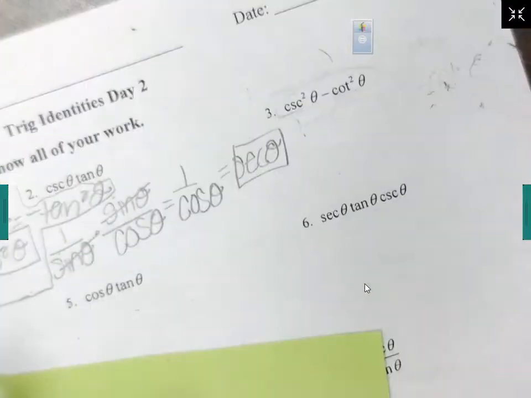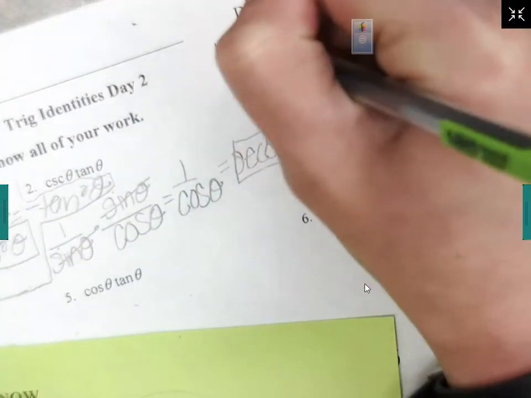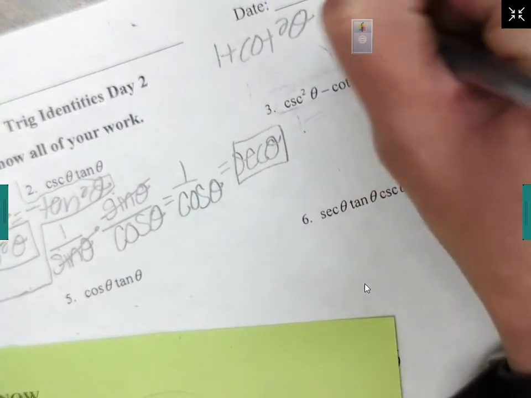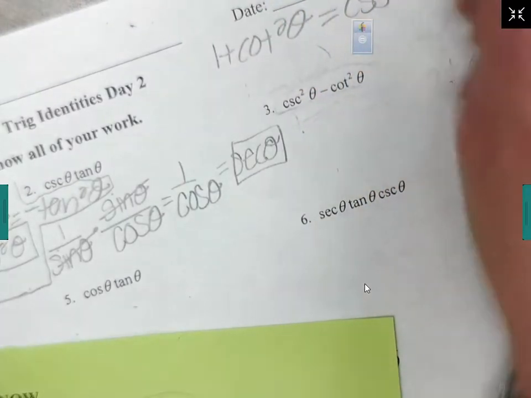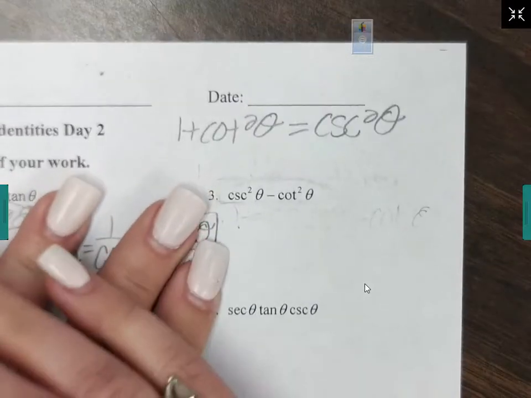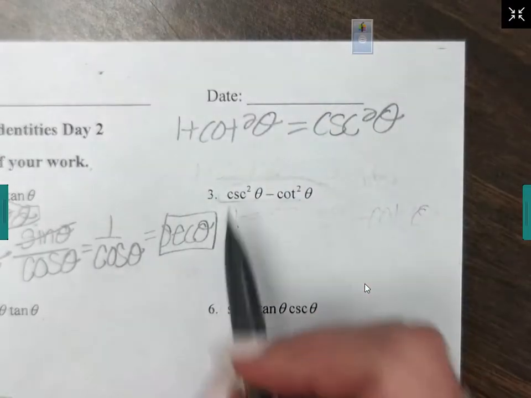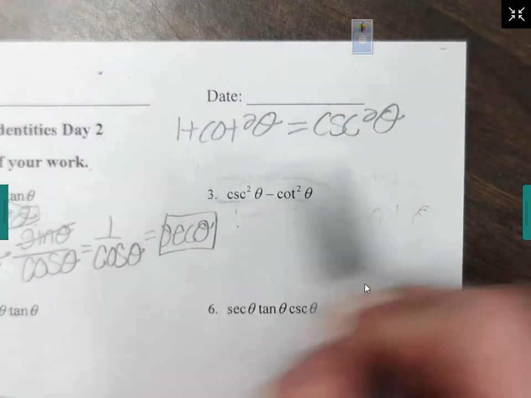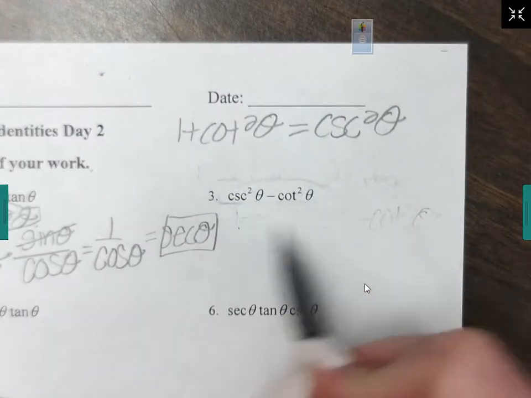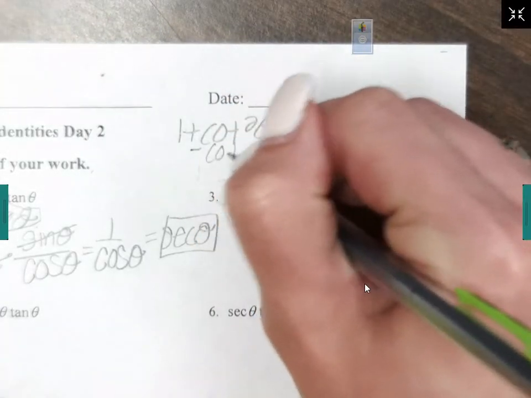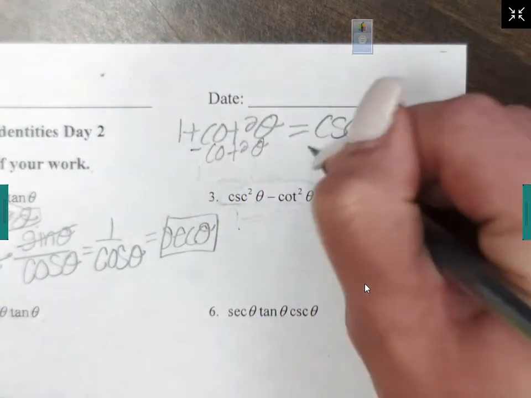So let's rewrite this. 1 plus cotangent squared of theta equals cosecant squared of theta. Okay? So, Anaya, how can we rearrange this equation so it looks like this? We subtracted cotangent squared of theta from both sides.